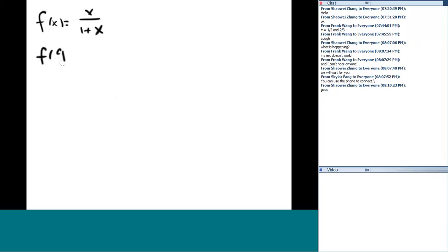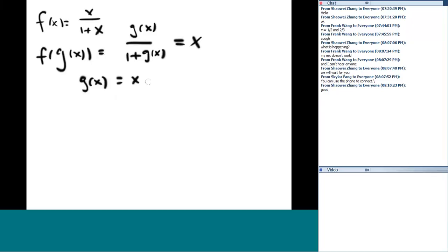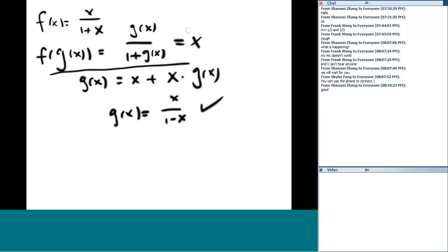You say F of G of x is going to be x, so you map it to be x. So Gx is going to be x plus x times Gx. You just assume Gx and solve for it. That's all.